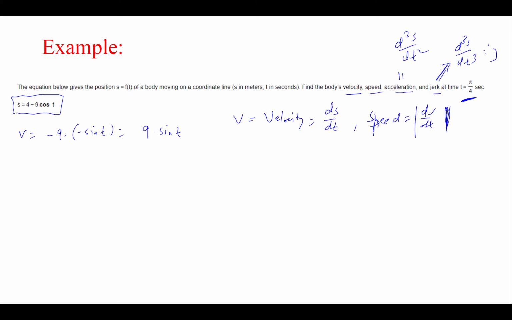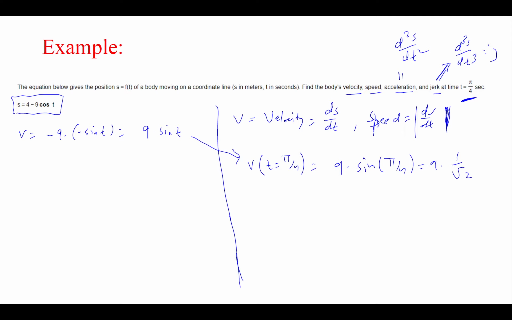That's the velocity. Now we can find the velocity when t is pi over 4, using this formula: sine pi over 4, which I think is 1 over square root of 2.